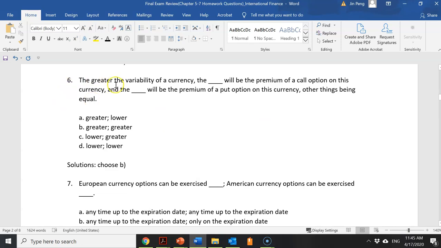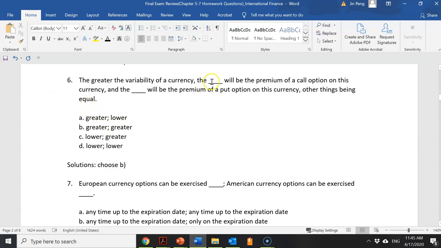Question 6. The greater the variability of a currency, the greater will be the premium of a call option on this currency, and the greater will be the premium of a put option on this currency, other things being equal.